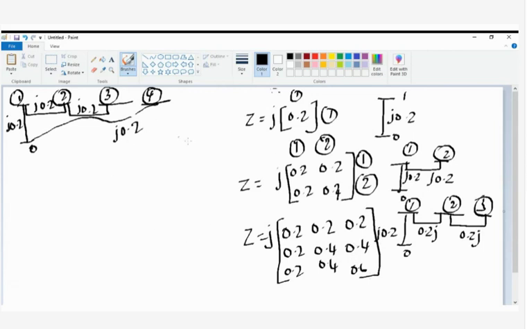The last one that we are going to add is 4. But 4 is not connected to any other node. It is actually connected to ground.